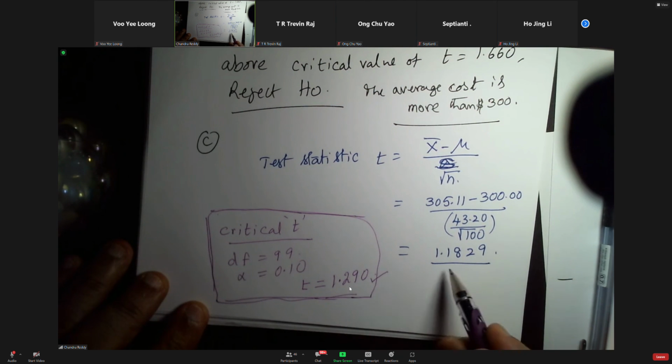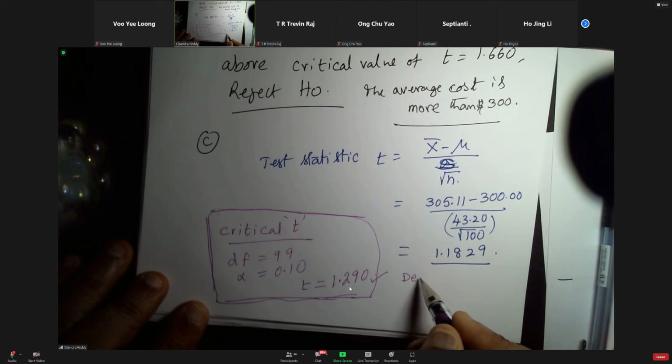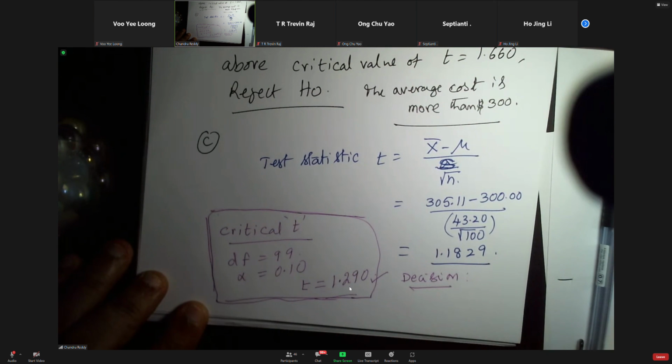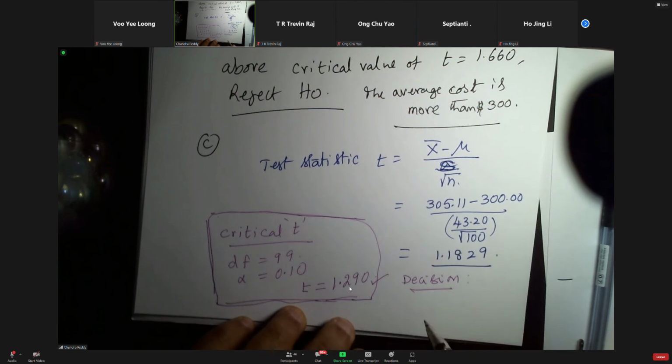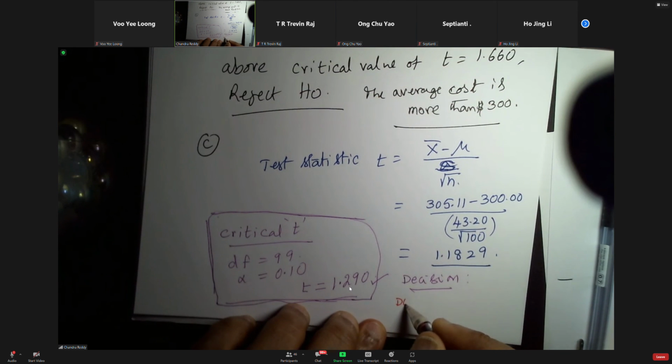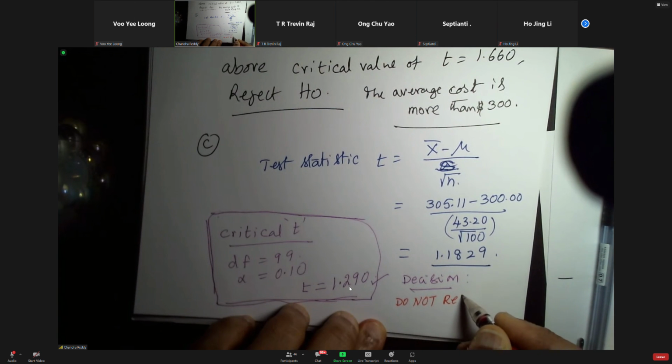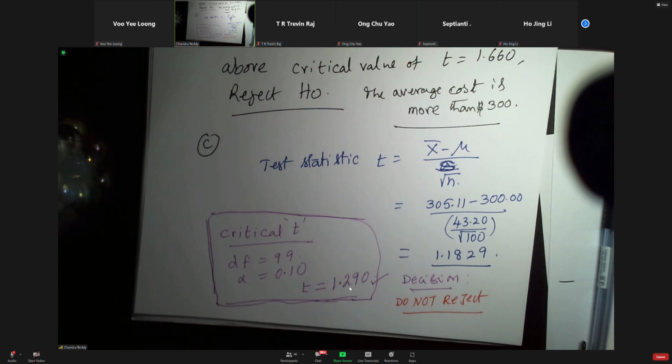All right, so now what is your decision? The decision is do not reject for part C.